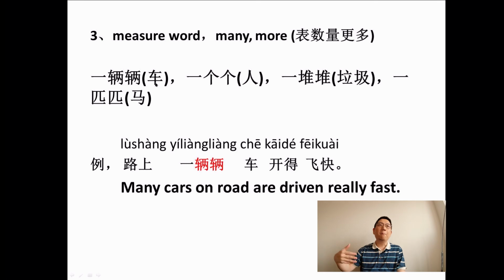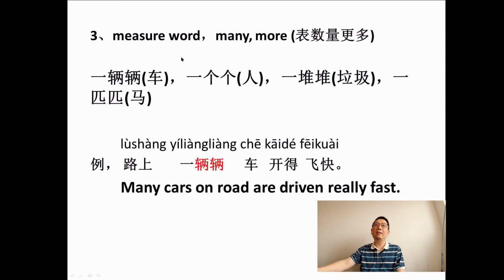It means many cars. We see this example. 路上一辆辆车开得飞快。Which means many cars on the road are driven really fast.